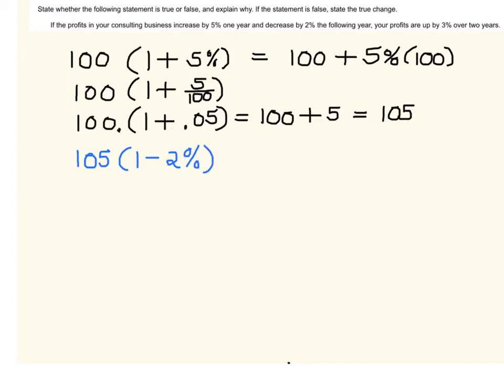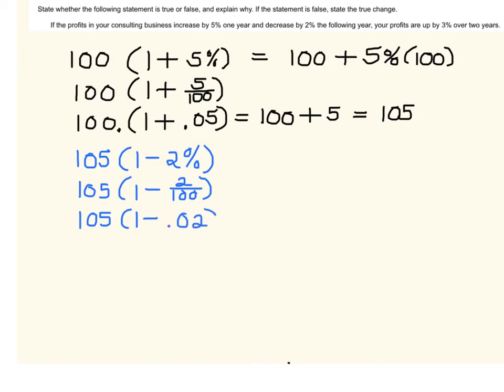And that becomes 105 times 1 minus, remember 2% is 2 over 100. If we move the decimal place over 2 places to the left, we get 0.02.